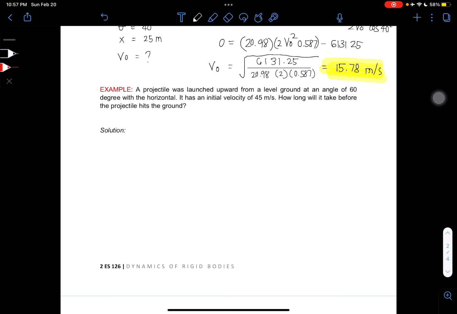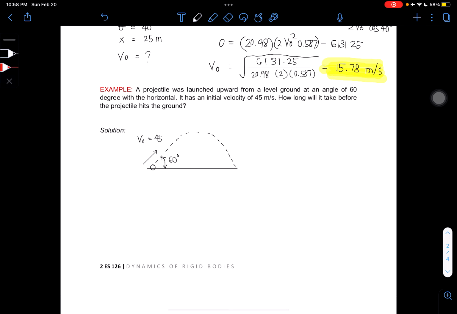So first, we need to draw our diagram. So natay projectile daw. So natay ground. We have our projectile or our object. So gilaunch upward, with an angle of 60 degrees, and na siya initial velocity na 45 meters per second.